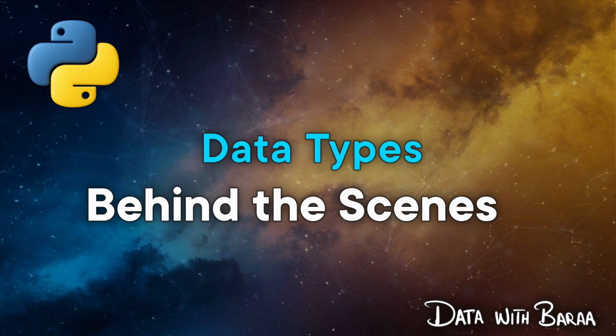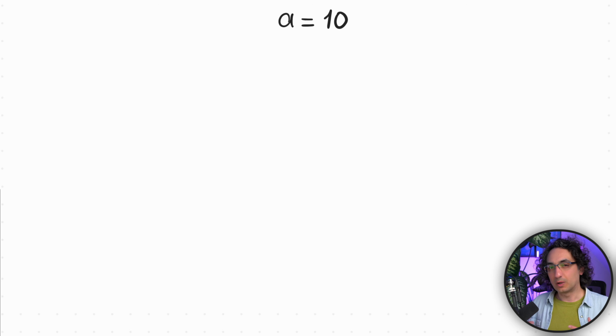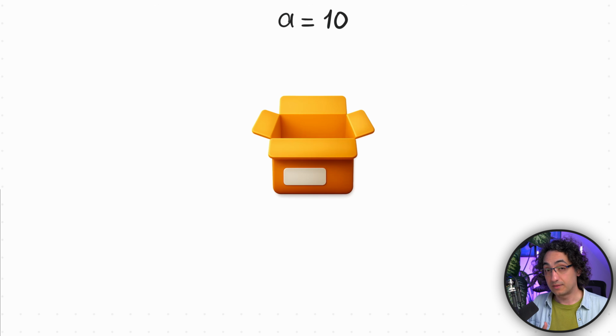So now let's understand exactly what we are talking about. Let's have this sketch. Now you remember, if you want to create a value in a variable like a is equal to 10, you will have a box, and this box has a label. The label is the variable name a. And inside this box we're going to put the value.